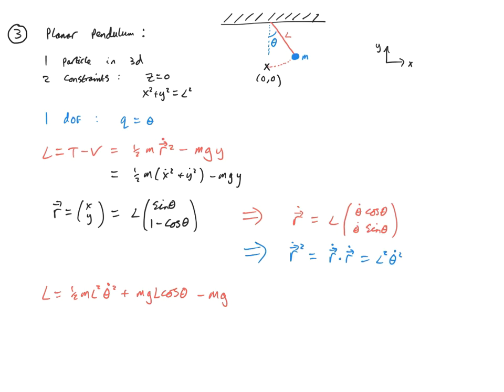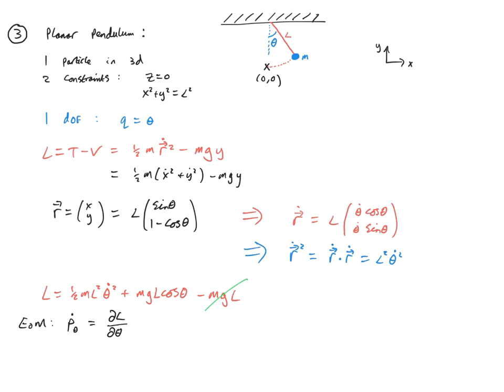And then we subtract off this constant mgL here. As usual, the constant doesn't matter in the Lagrangian, so I'm just going to ignore that in what follows. Now we want to proceed with the Euler-Lagrange equation of motion, which in the theta coordinate is p theta dot equal to partial dL by d theta.